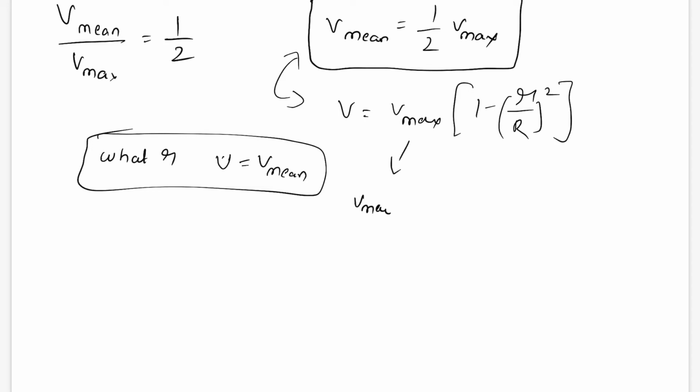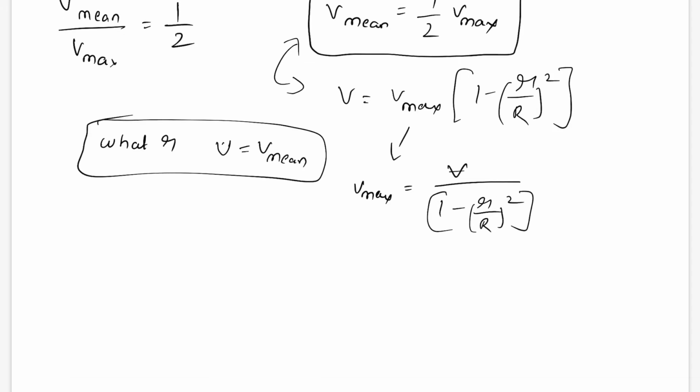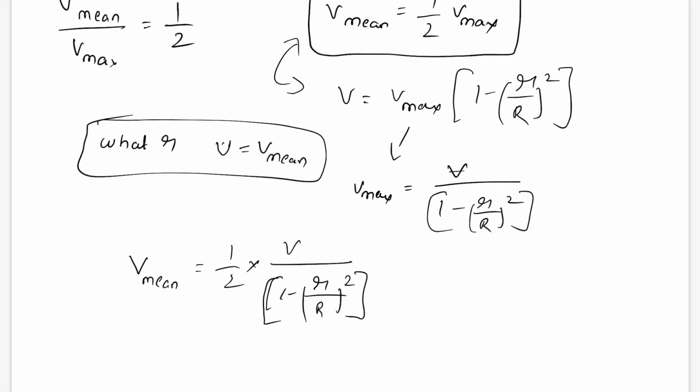V max is equal to v by 1 minus r by capital R whole square. We'll substitute this in that equation. Now v mean is equal to 1 by 2 into v by 1 minus small r by capital R whole square.